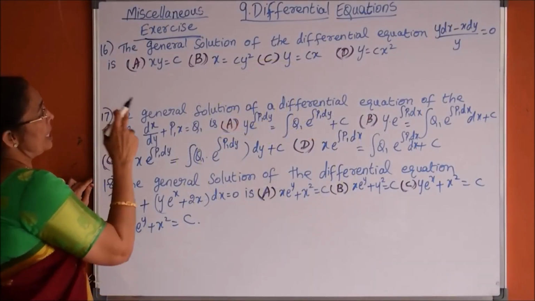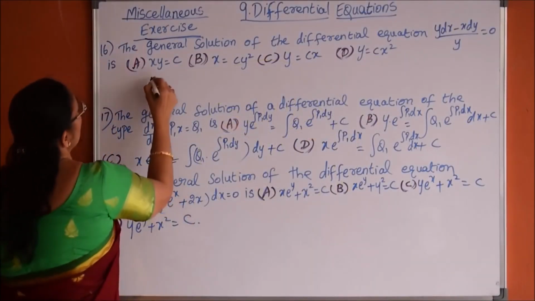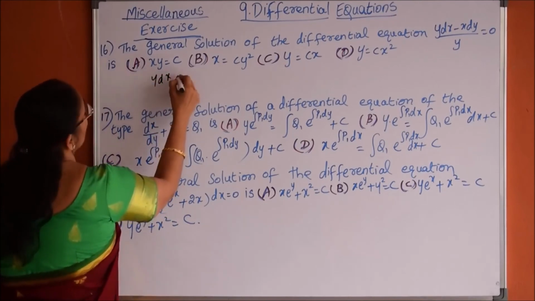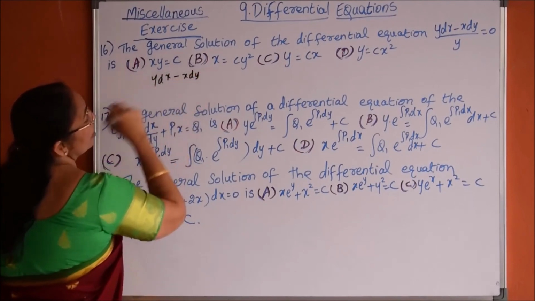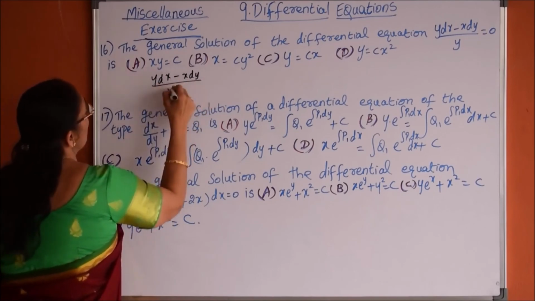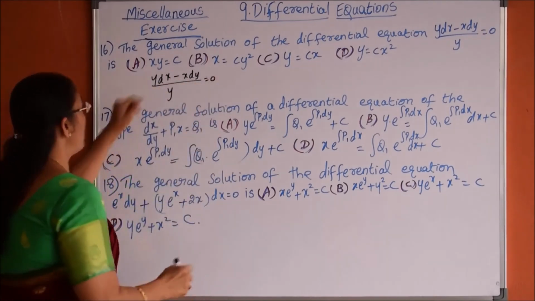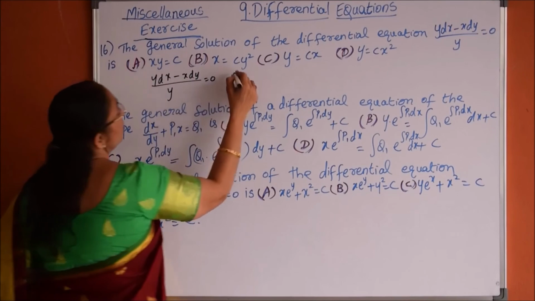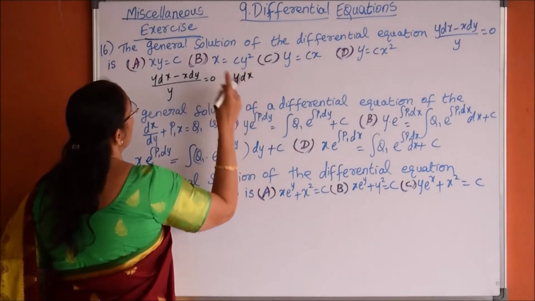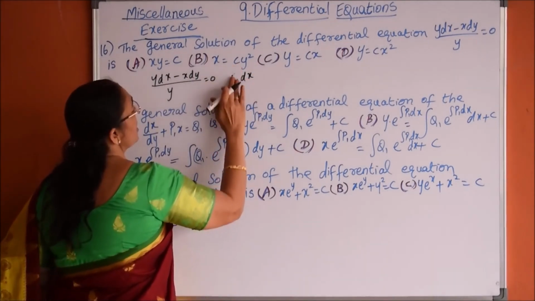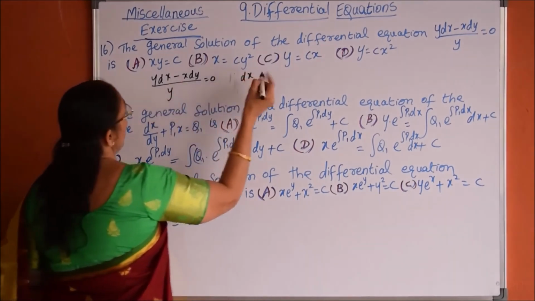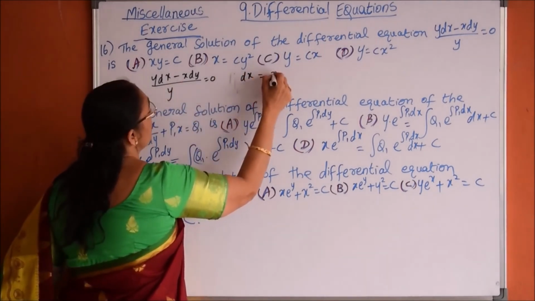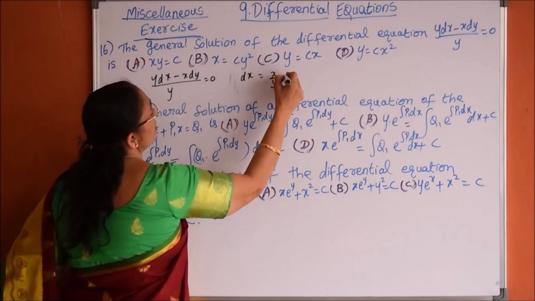16th one, the general solution of the differential equation (y dx minus x dy) by y is equal to 0. So let me split the fraction, y dx divided by y. So I will get dx minus x by y dy, which is equal to 0, that is dx equals x by y dy.